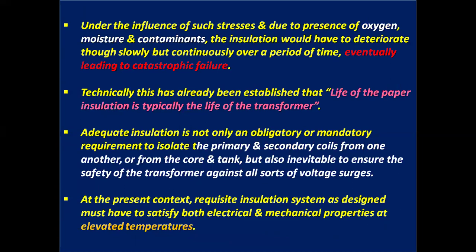Under the influence of such stresses and due to the presence of oxygen, moisture and contaminants, the insulation would deteriorate, though slowly but continuously over a period of time, eventually leading to catastrophic failure.